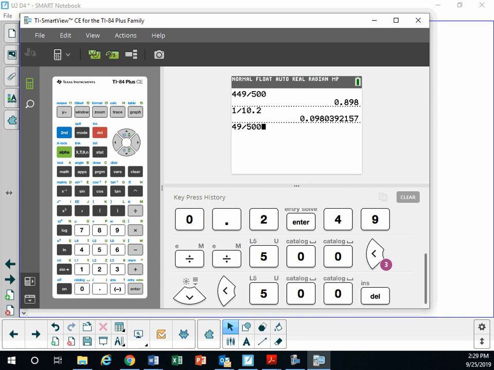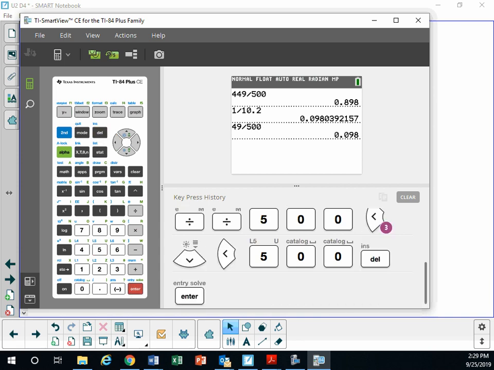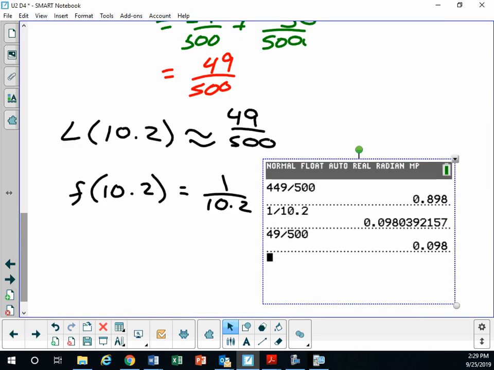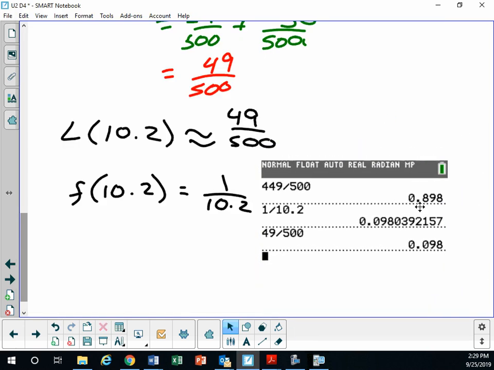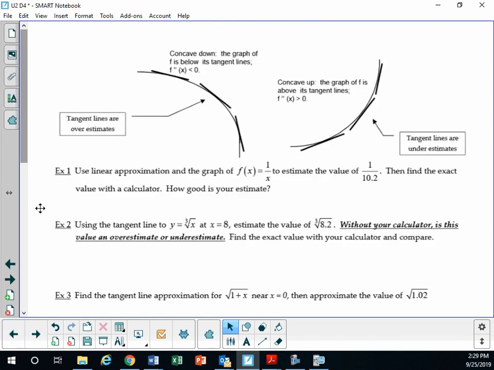And you'll notice I am pretty daggone close. I am at 0.098031, and I'm at 0.098. 3 decimal places. That's pretty daggone close. So it's a way for me to approximate something without actually having any values, because I don't know what 1 over 10.2 is, but I can do that math. I can do the linear approximation and make more sense.